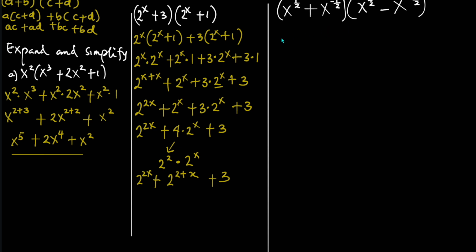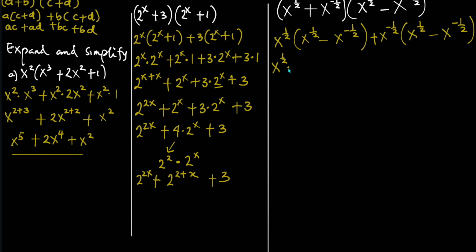Lastly, x to the power of 1/2 minus x to the power of negative 1/2, multiplying x to the power of 1/2 minus x to the power of negative 1/2. One step at a time again, as always. So this becomes x to the power of 1/2 multiplied by x to the power of 1/2.